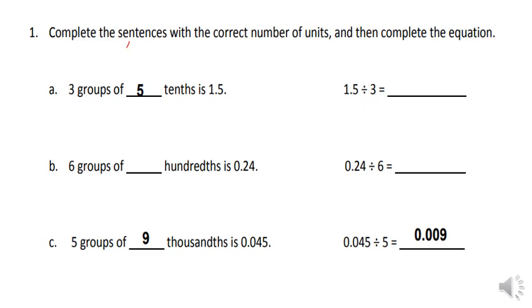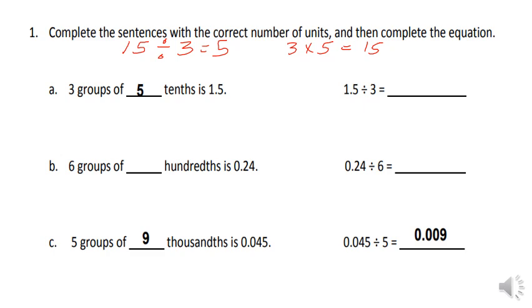If I'm looking for 15 divided by 3, well, I know 3 times 5 equals 15. So the inverse operation allows me to know that it has to be 5.